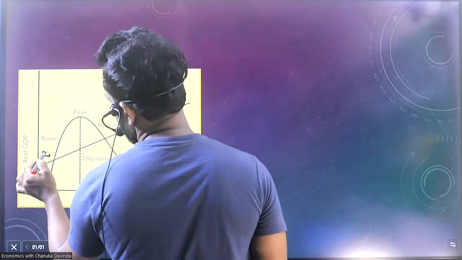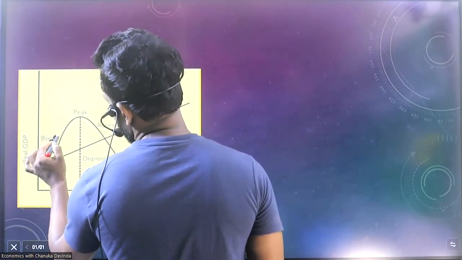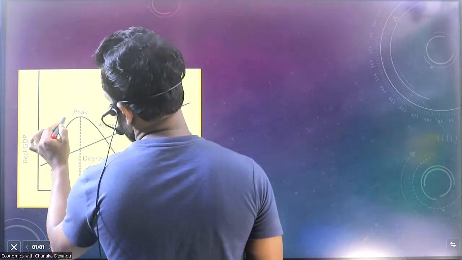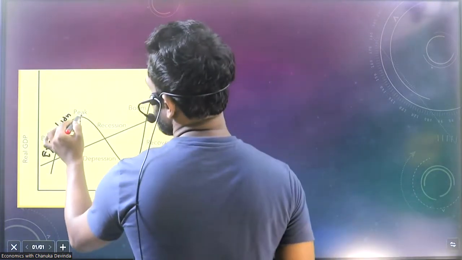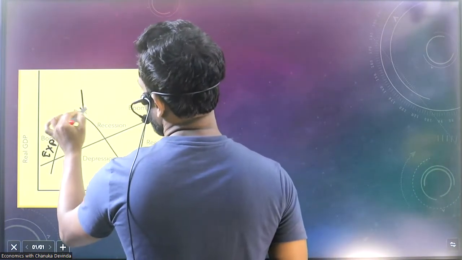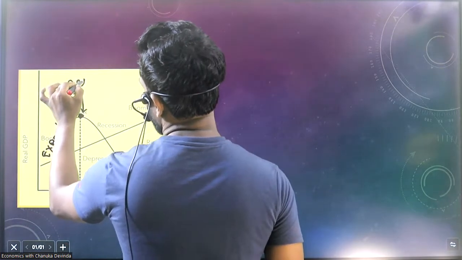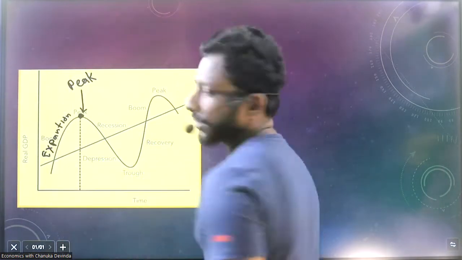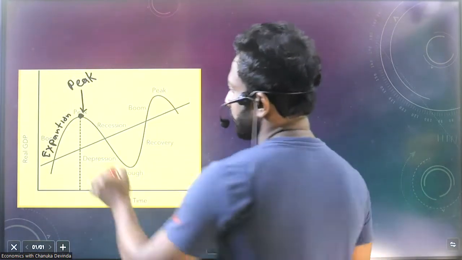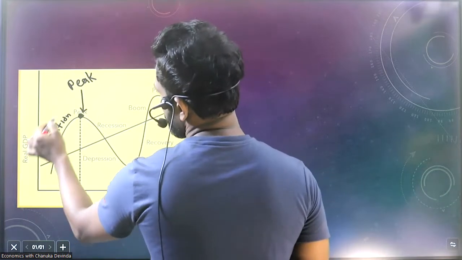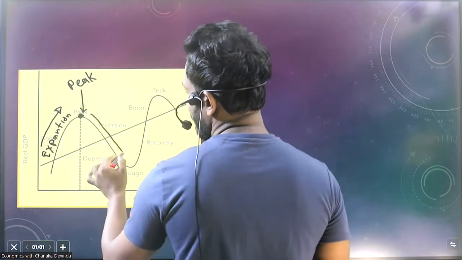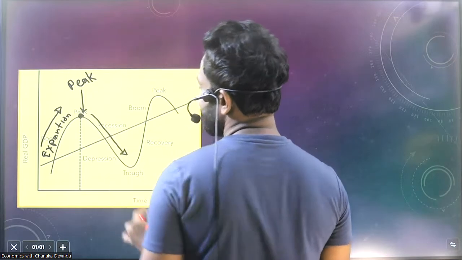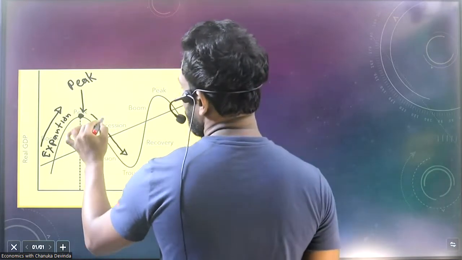Expansion period, expansion, and here the peak. Expansion is this growing part, and recession is the declining part.